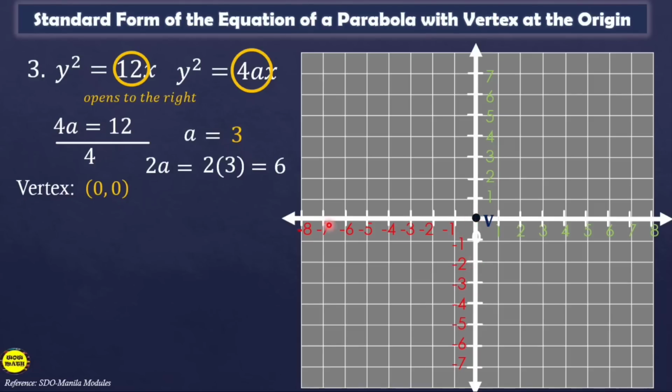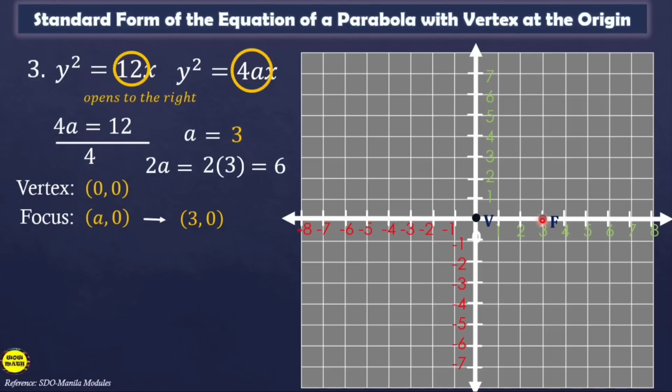This time, since our parabola opens to the right, where will we find our focus? Of course, on the right side of the vertex. So, we count 3, we move 3 units to the right. 1, 2, 3. So, here is our focus, class. So, that is 3, 0. Okay, so here is our focus, 3, 0.